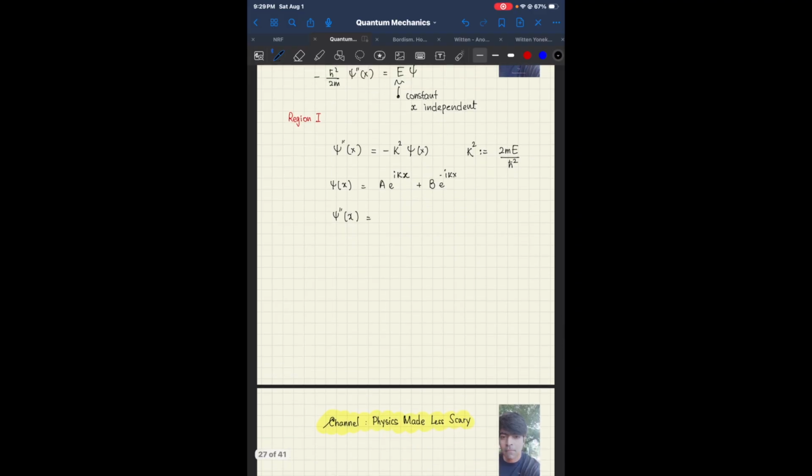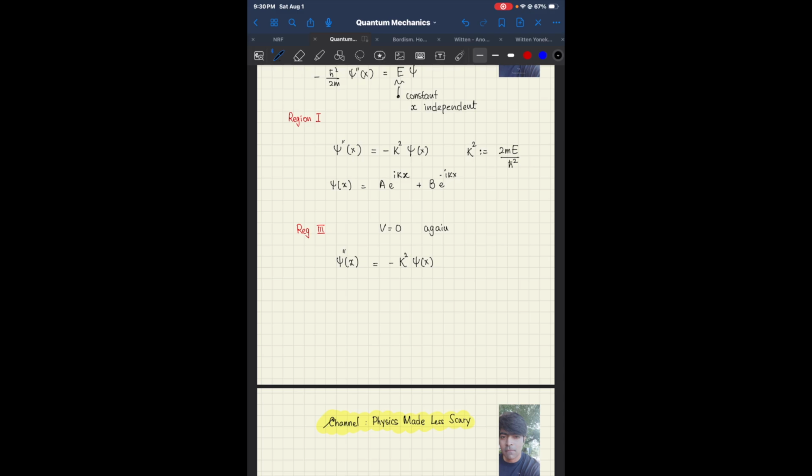Right. So what happens in region 3? Well, region 3 is exactly the same, because it's basically the same equation, right? In region 3, V is also 0 again. So you have the same equation, psi double derivative of x should give you minus k squared psi of x.